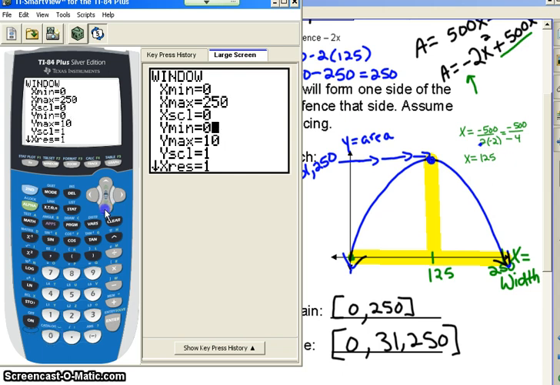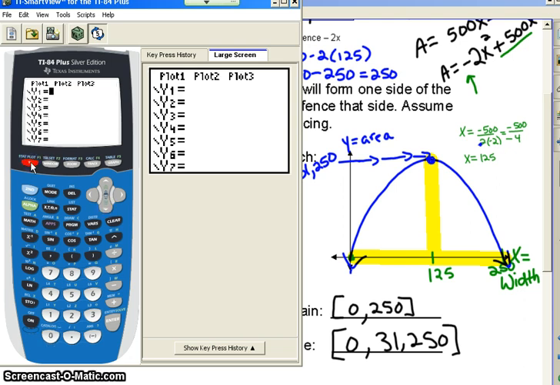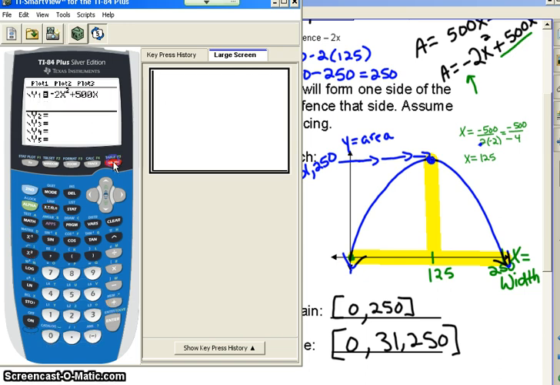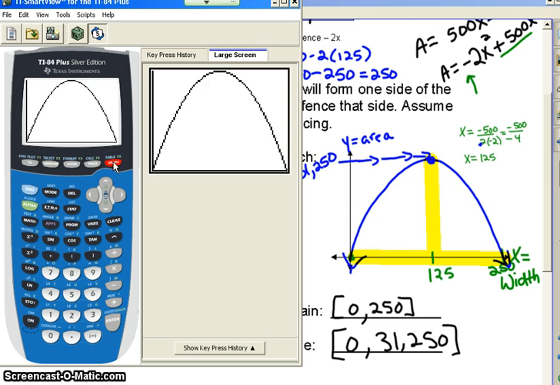Put 0 to 31,250. Okay, and erase that scale. Go to y equals -2x squared plus 500x. Graph. And we didn't even have to zoom out or anything. So what we did by finding the vertex right away using the formula, we were able to graph this parabola without trying to zoom it out.